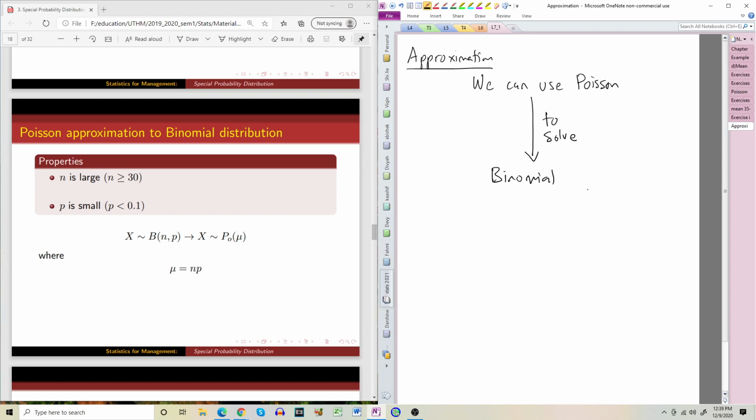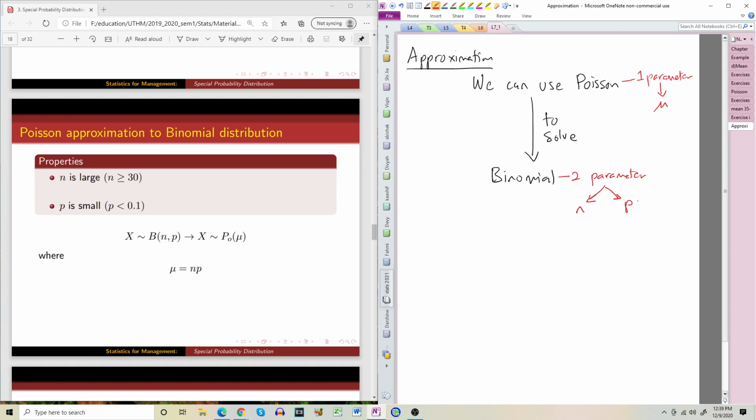We can use the Poisson formula because Poisson, remember, is much easier compared to binomial, because Poisson needs only one input or one parameter, which is the mean, whereas binomial needs two parameters, which are your n and p.